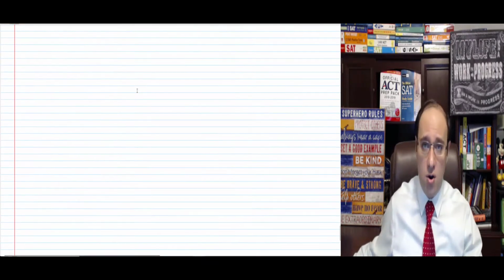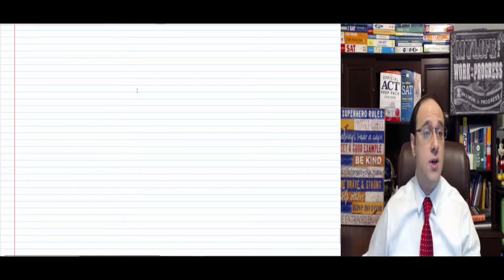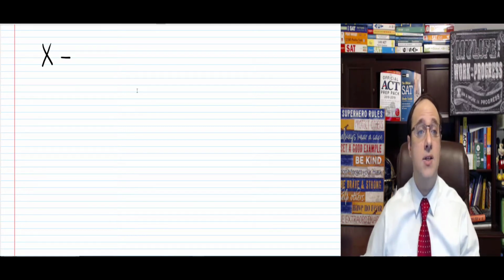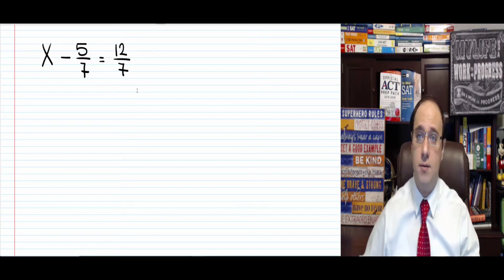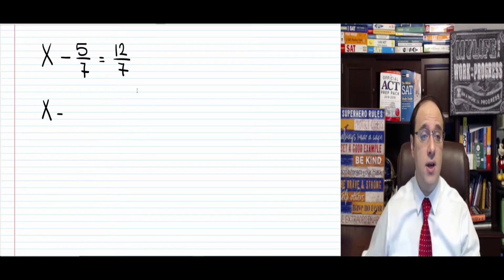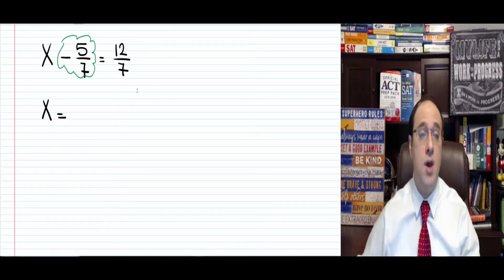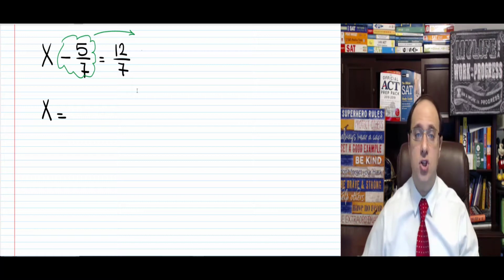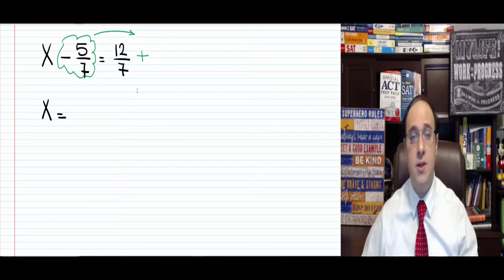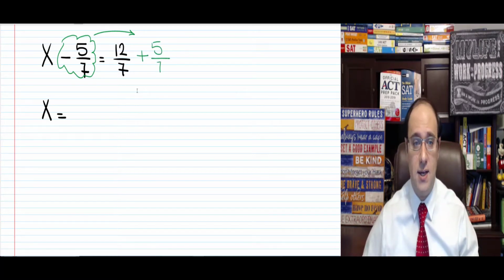Let's try a harder one. Here's one with fractions. X minus 5 over 7 equals 12 over 7. X equals, we want to get rid of the minus 5 over 7. So we bring it to the other side, change the sign from minus to plus, keep the 5 over 7 as it is.